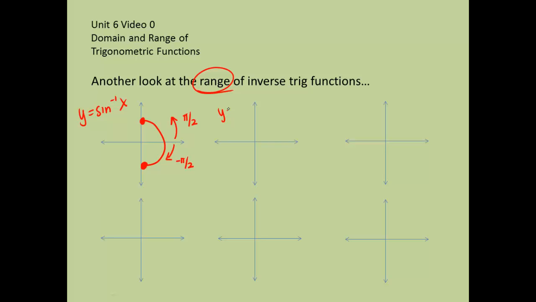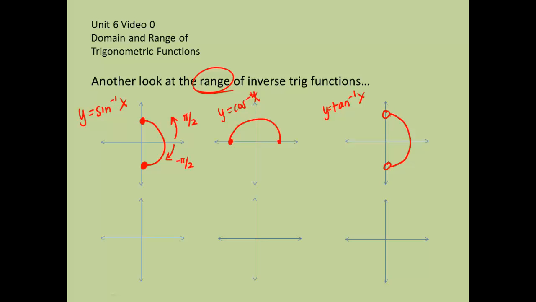For my cosine inverse graph, we're looking at everything from 0 to positive pi. For the tan inverse graph, we are going to include everything from negative pi over 2 to positive pi over 2 with the exception of the endpoints.